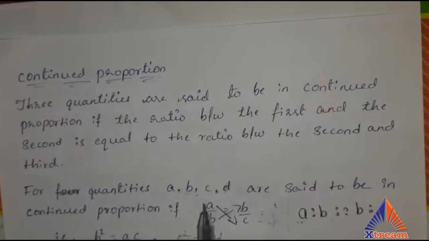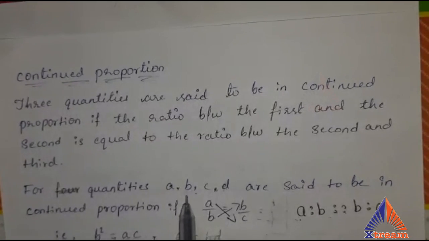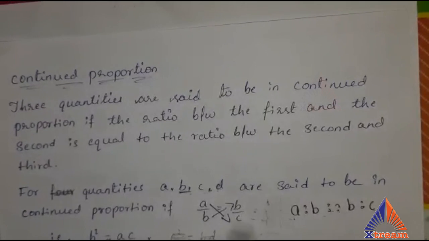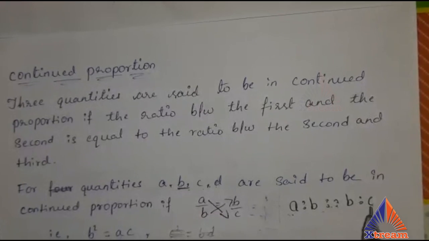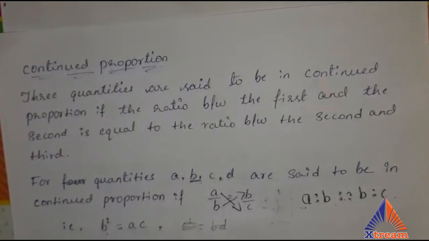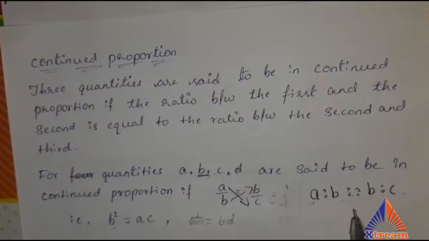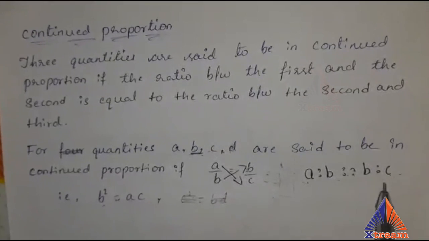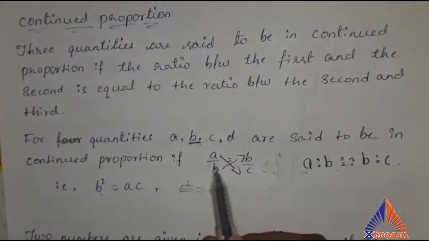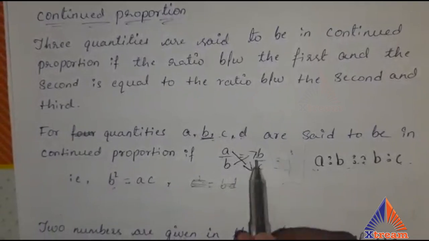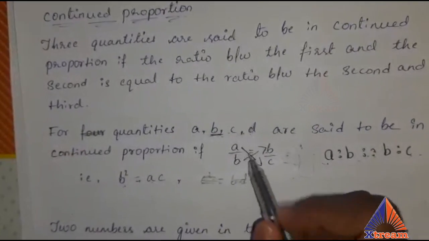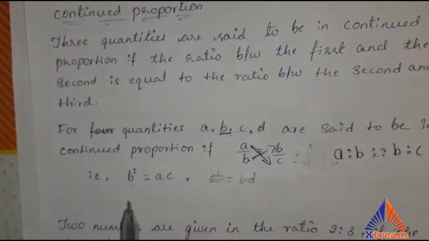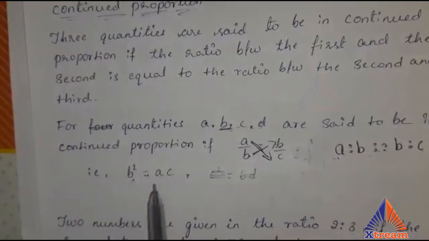As there is no fourth term, in such cases we have to double the middle term, that is A is to B as B is to C. We have to write this in the fractional form: A by B is equal to B by C. And now we have to do the cross multiplication of this, that is B into B is equal to B square and A into C is equal to AC.